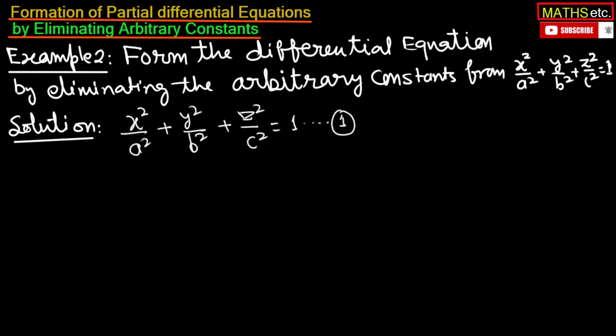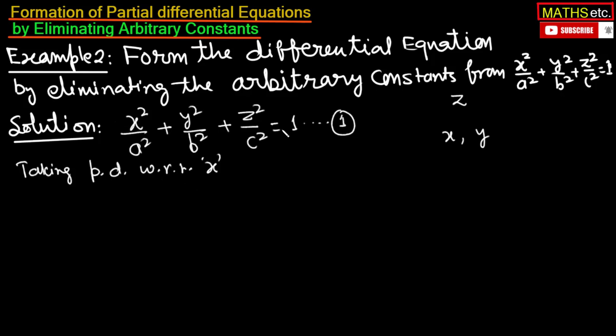Again, we have three variables, x, y, and z. It means two of the variables will be independent variables, and the third one, z, will be the dependent variable. So let us first take the partial derivative. PD stands for partial derivative with respect to x, right?